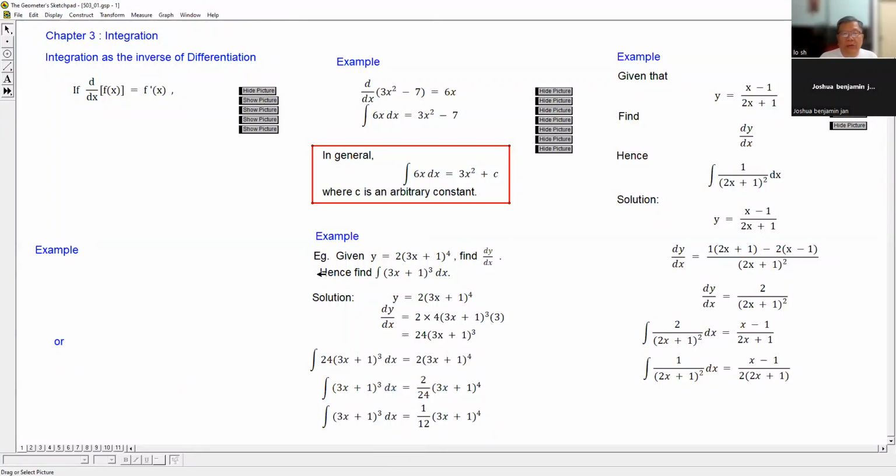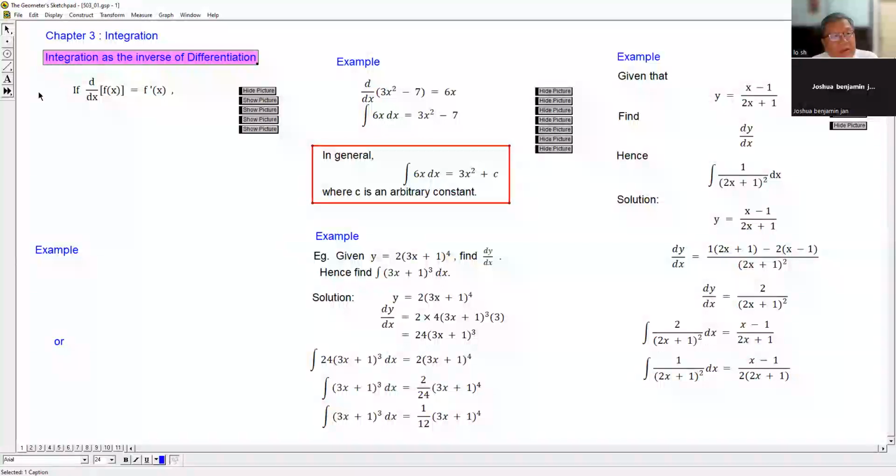So we are going to look at differentiation. After differentiation, we're going to look at integration. Now, what is integration, right? Integration is actually the inverse of differentiation, or the reverse of differentiation.